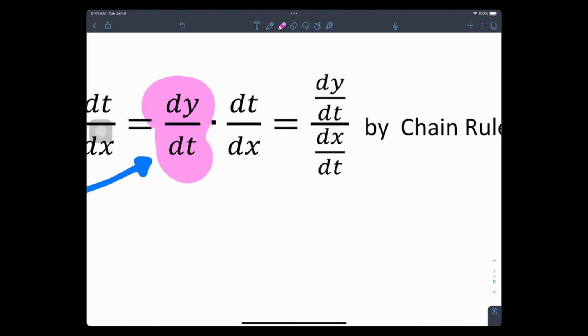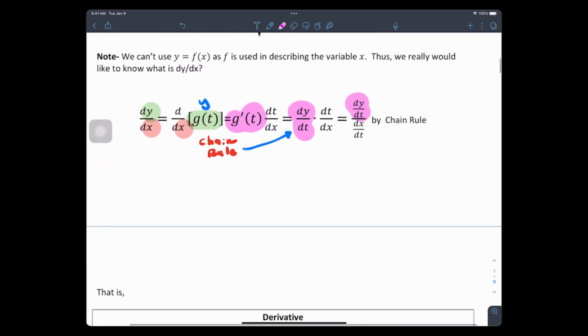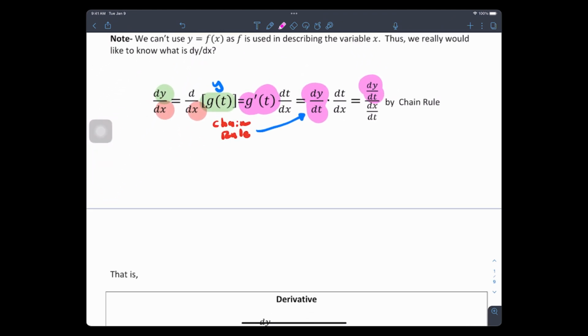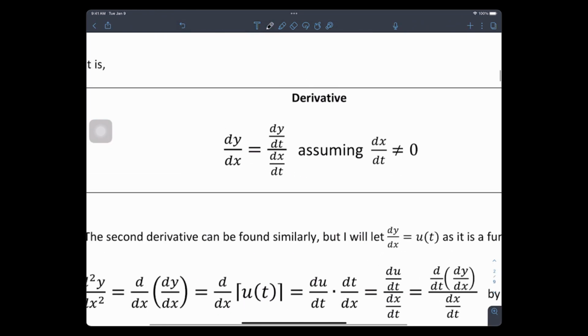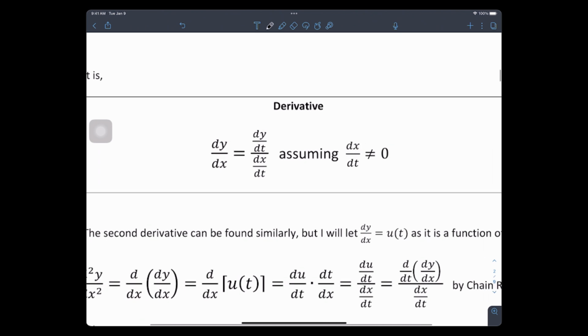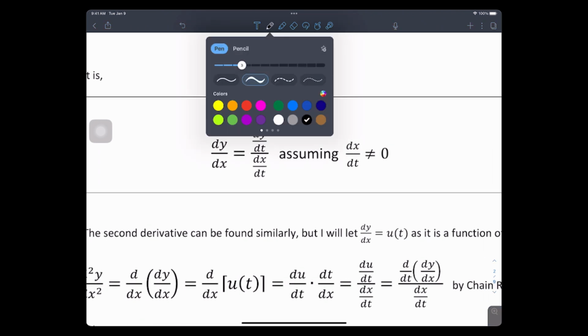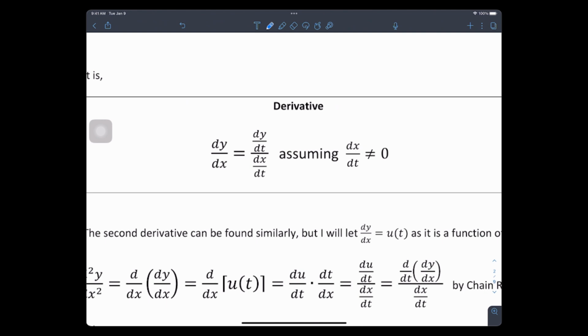Now, this is a product, but we write this as a quotient here. It's dy dt, right up here as the numerator, divided by dx dt. So the formula for the derivative now is what you guys see here. If you want dy dx, you want dy dt over dx dt. And that's going to be, what is dy dt? You really think of that as g prime t over f prime t.